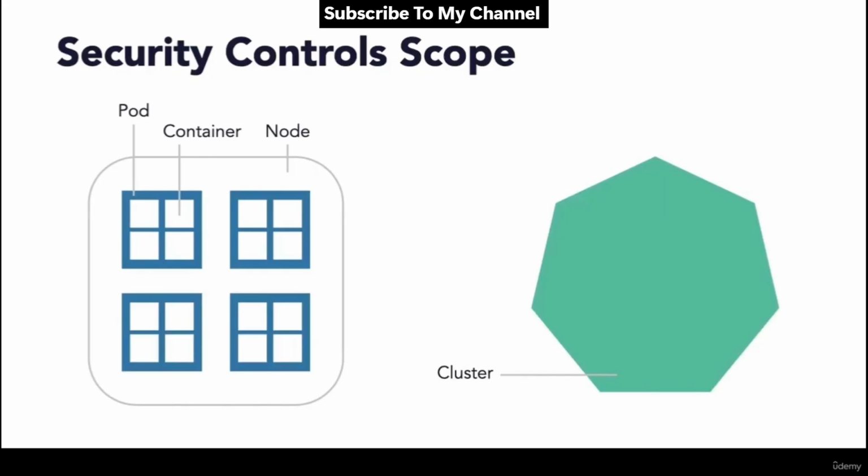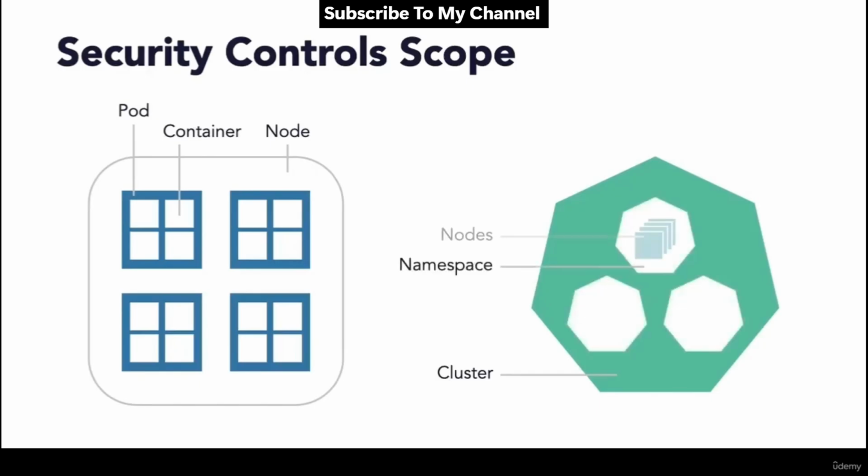Basically, every running Kubernetes instance has a cluster. Kubernetes also allows creating multiple virtual clusters from a single physical cluster. These virtual clusters are known as namespaces. Organizations use namespaces to allot cluster resources among multiple teams.